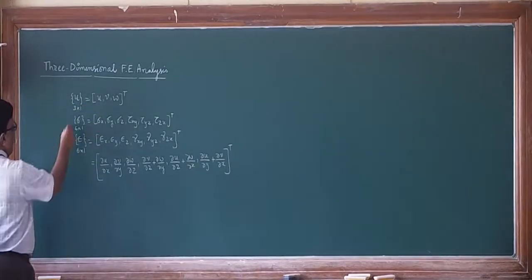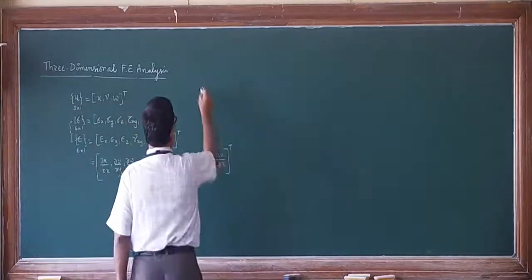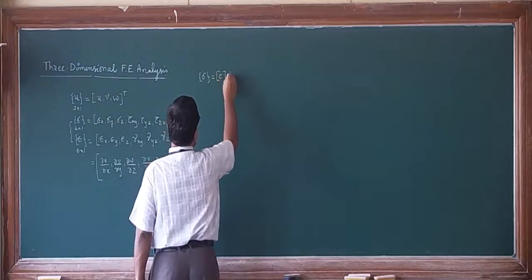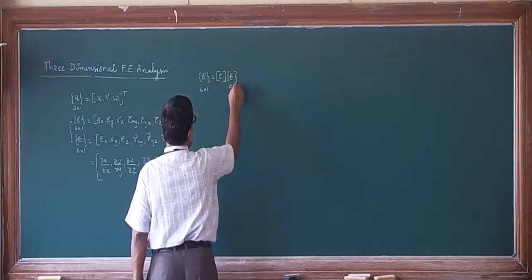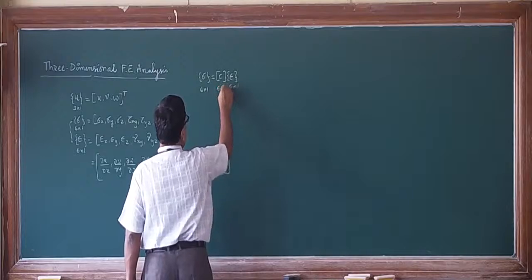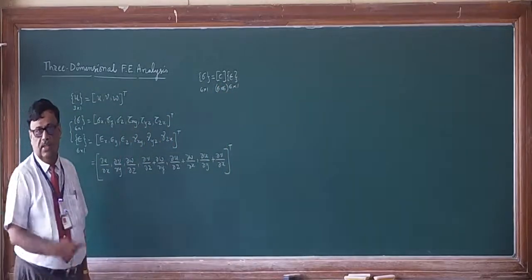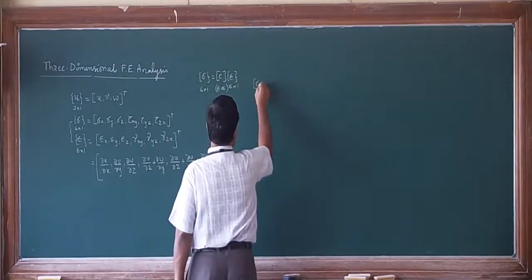Now, how to relate them? As usual, you know that stress and strain are related by the relation sigma is equal to C times epsilon. Naturally, this is 6 by 1 and this is also 6 by 1, which means C has to be of 6 by 6 size. So we should use the 3-dimensional material matrix C. Let me write what that is.